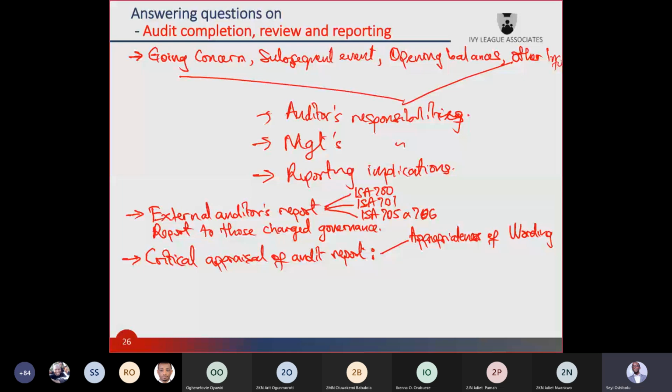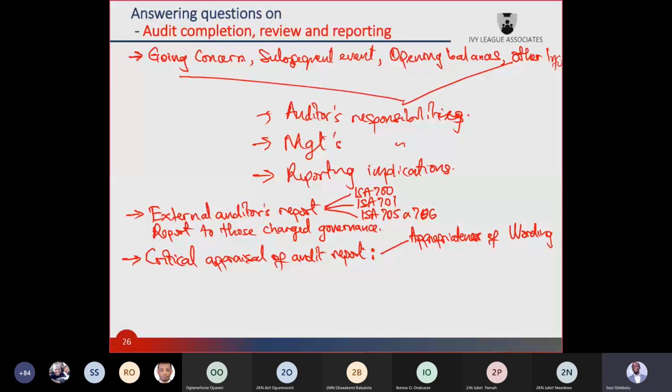You cannot put emphasis of matter paragraph before the opinion. You cannot put responsibility of auditor before responsibility of directors. You cannot put other matter paragraph before basis of opinion paragraph.